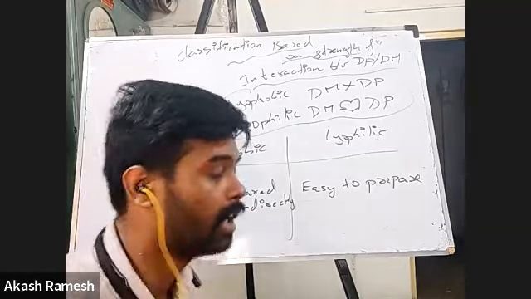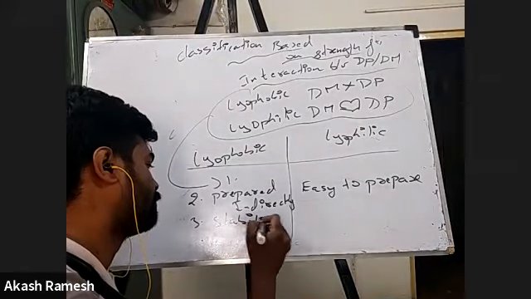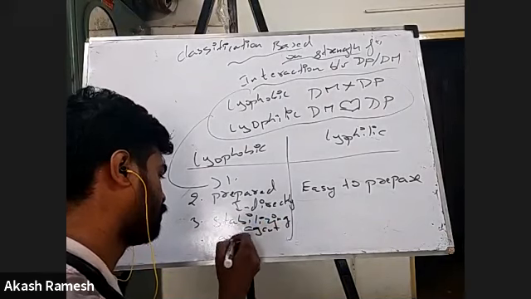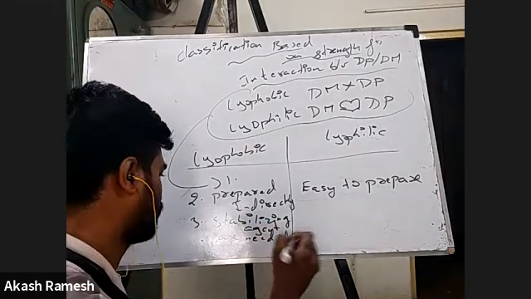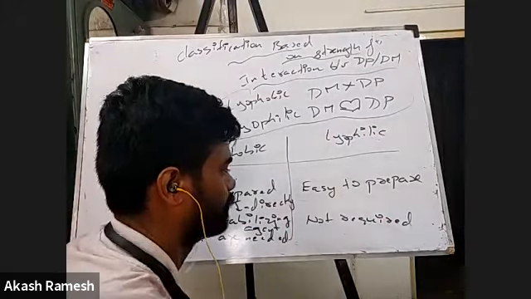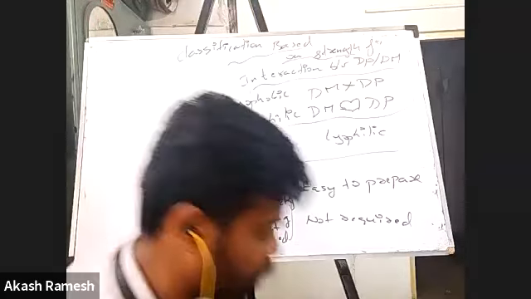So here stabilizing agents are needed. Here it's not required because they're already stable enough. That's the second point of difference. Third point.